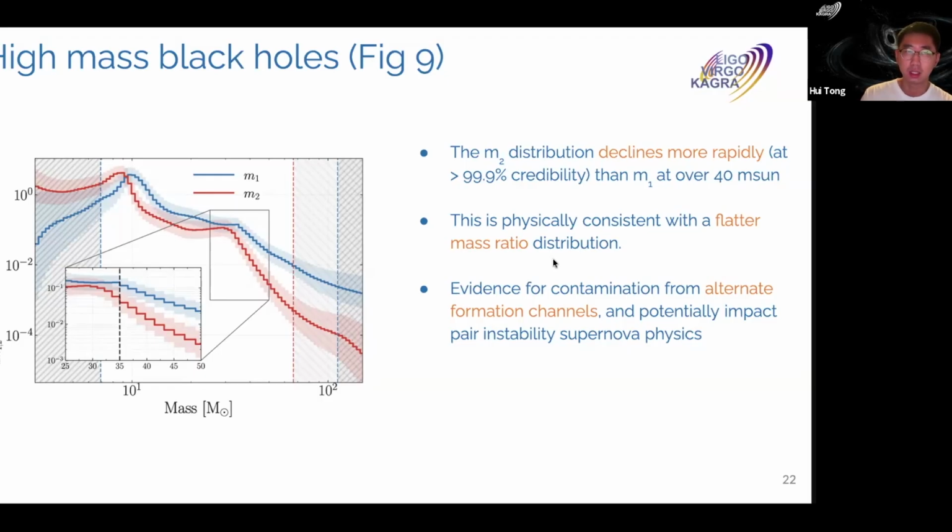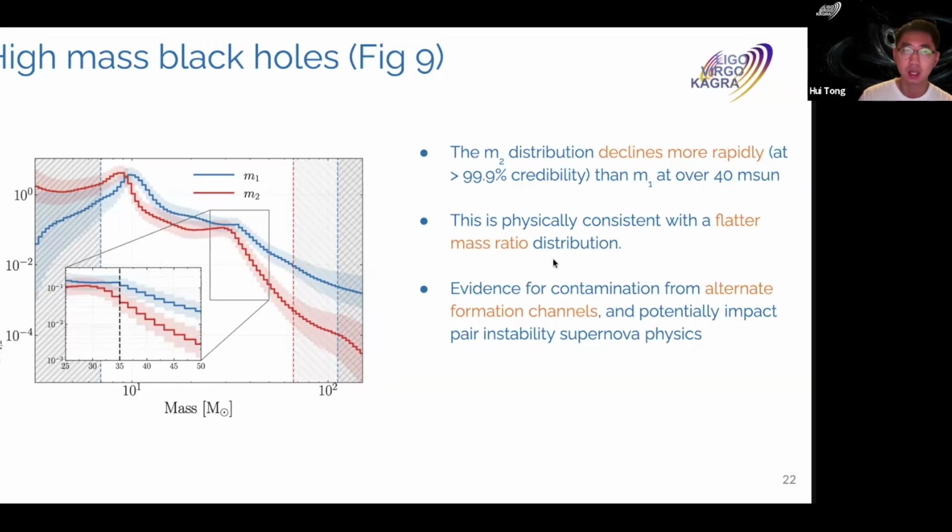So in these slides, we're getting back to the figure that's showing the black hole mass spectrum, but let's focus on the high mass parts this time. Sharan and Max mentioned there could be a break around 35 solar mass, which appears both in the M1 and M2 distributions.